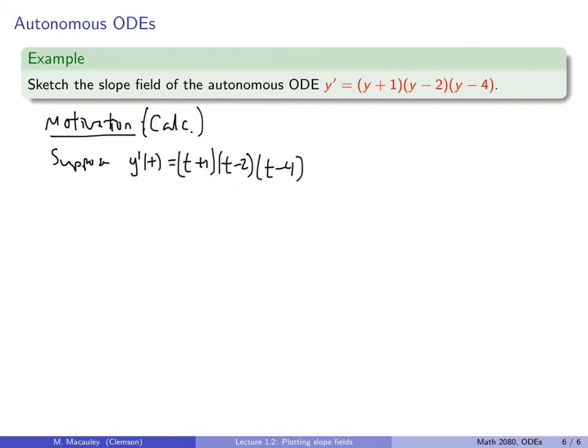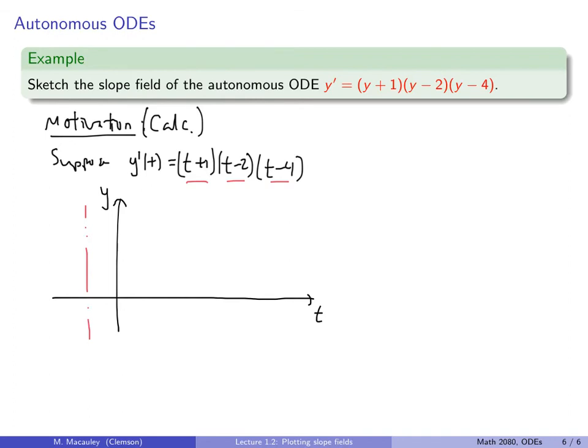So in your first month of calculus, what you do is you plot. You say, well, we can't actually solve for y, but we know how to graph y. And how do we do that? Well, we look for the critical points. And there are 3 critical points in this equation. There's t equals negative 1. And the critical points are the roots of these 3 things. And that's when the derivative is 0.